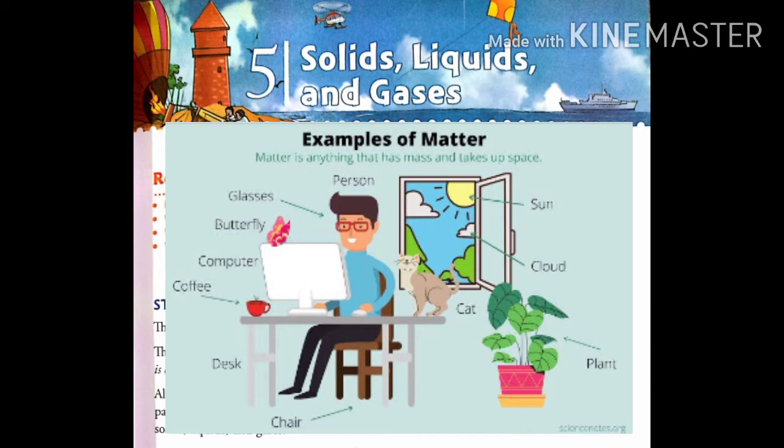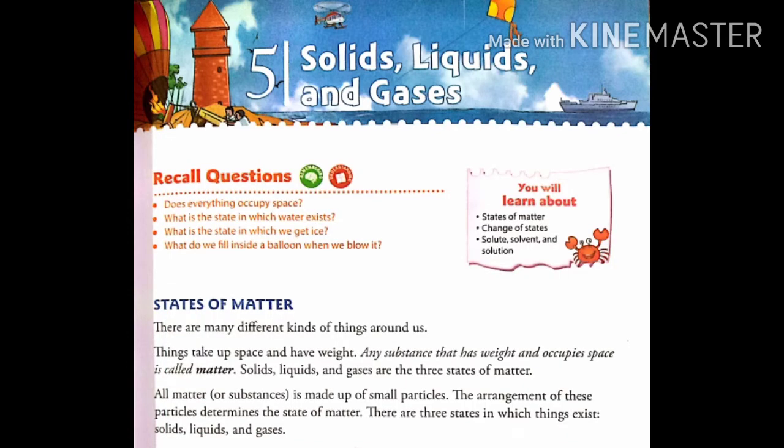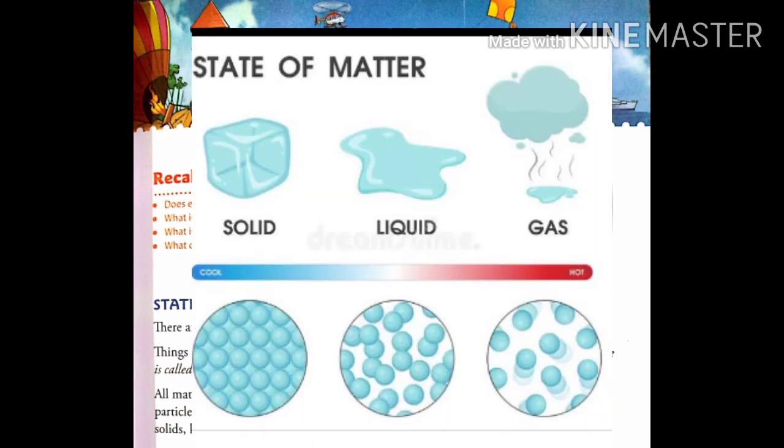Everything or every substance which has some mass or weight and which occupies some space is called matter. So the two basic properties of matter are that it has weight and it occupies space. And matter exists in three states, or we can say in three forms, which are solids, liquids and gases.